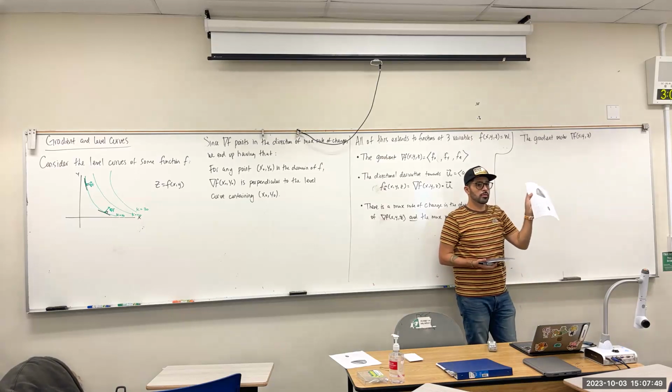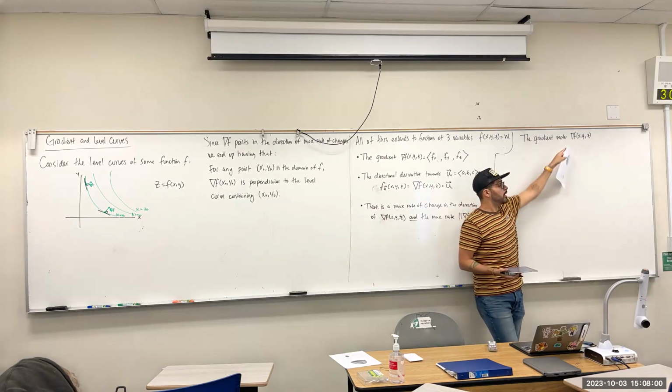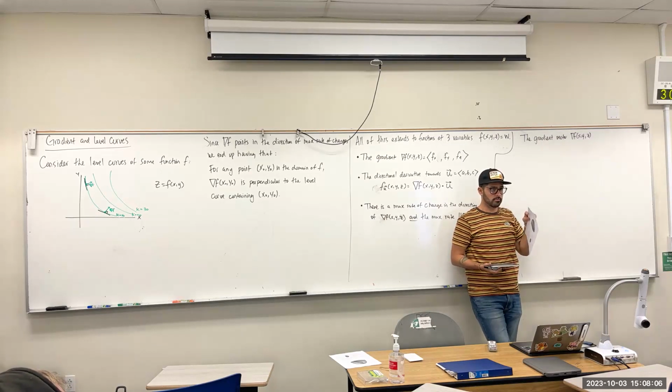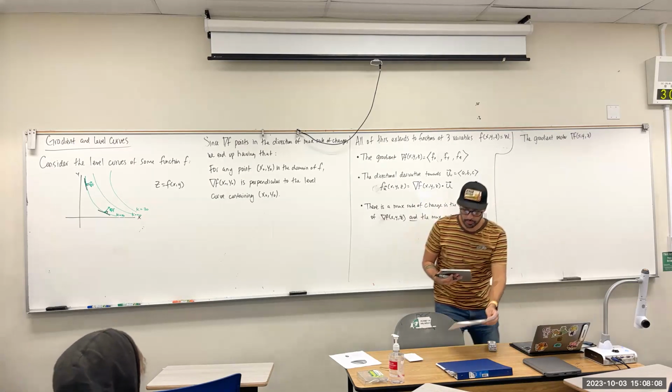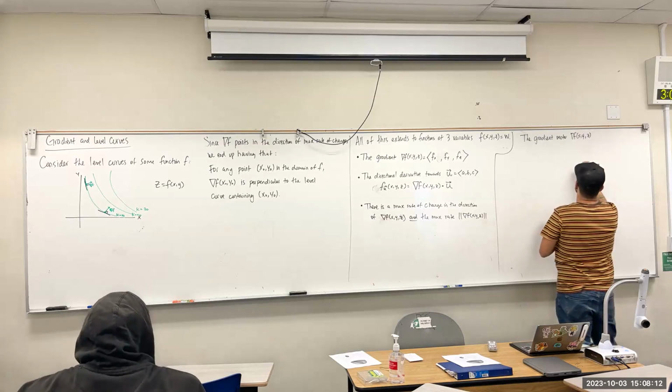So what we're going to do is, remember we were doing equations of tangent planes? Okay, for functions? We needed to find a normal vector. That gradient is going to be a normal vector to a tangent plane, because it'll be perpendicular to the surface. Okay, but let me write that part out.